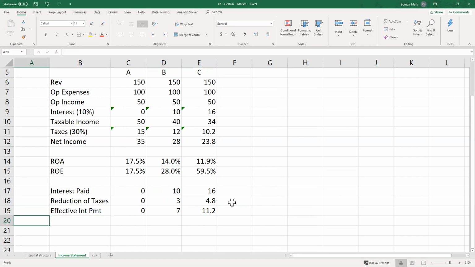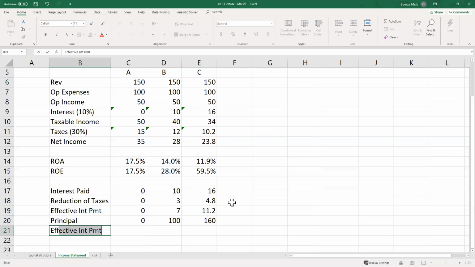The principal that we want to say, all right, we paid interest on some amount of principal. So how much principal did we have? In this case, we didn't borrow any. In this case, we borrowed 100. And in this case, we borrowed 160. So our effective interest rate is, in this case, 0, but in this case it is 7.